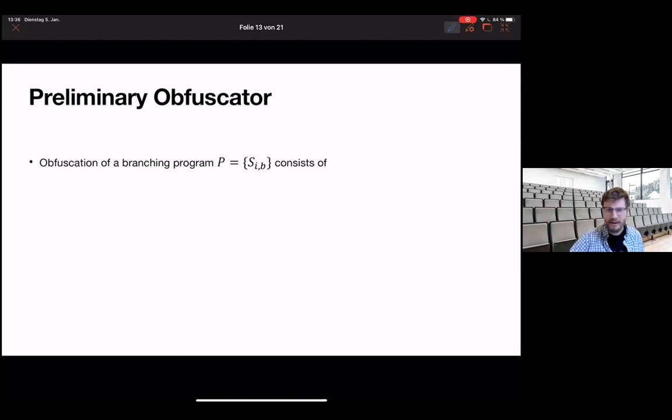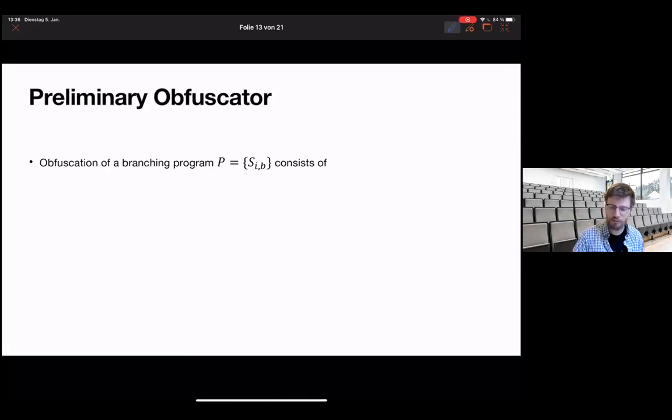From now on, branching programs are the model of computation we work on. This branching program should be an oblivious branching program, can come out of Barrington's theorem or not, but the programs we obfuscate are branching programs. So the input to our obfuscator are branching programs.